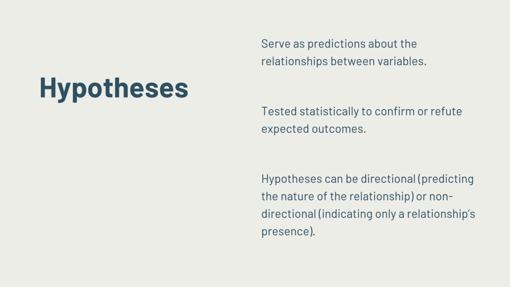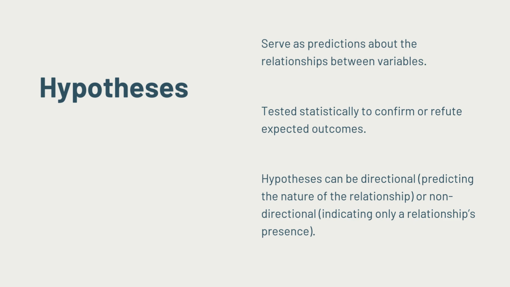So we're stating that as one variable increases, which is time on social media, the other, which is academic performance, is expected to decrease. So this is an example of a directional hypothesis. A directional hypothesis gives us a clear expectation of which way the relationship might go.